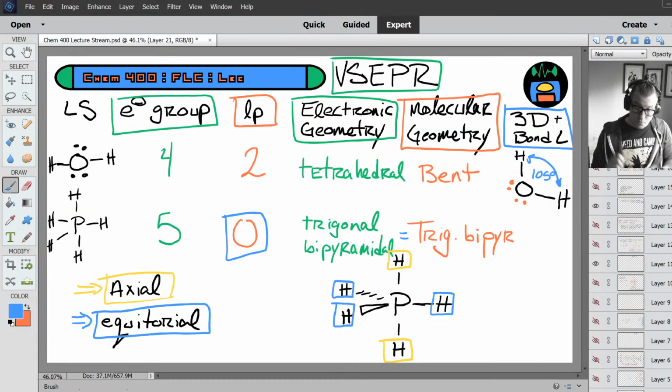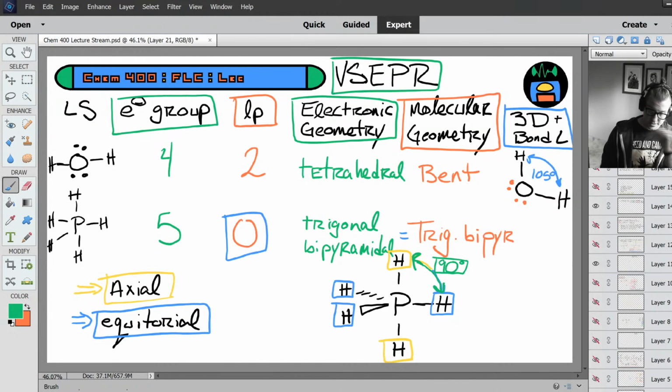Now, there are two bond angles in this molecule. The first is the bond angle that goes from an axial position to an equatorial position. All right? And this bond angle is a pure 90 degrees. That axial to equatorial bond angle is a right angle.